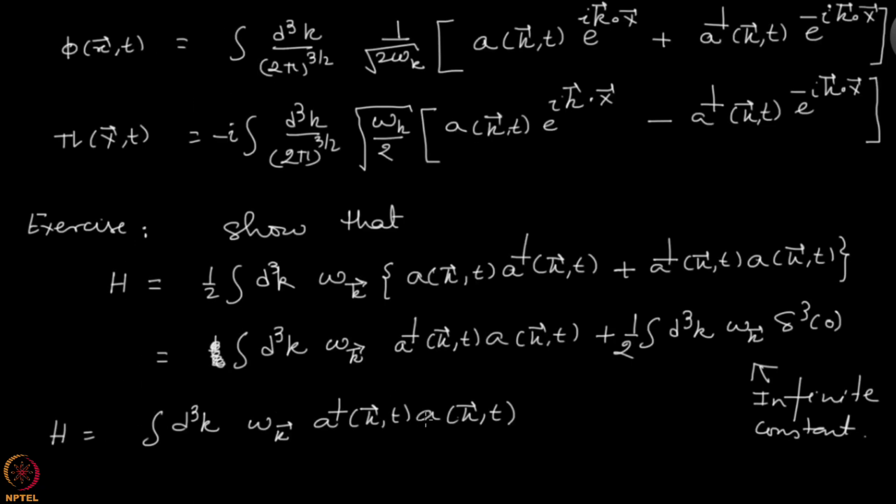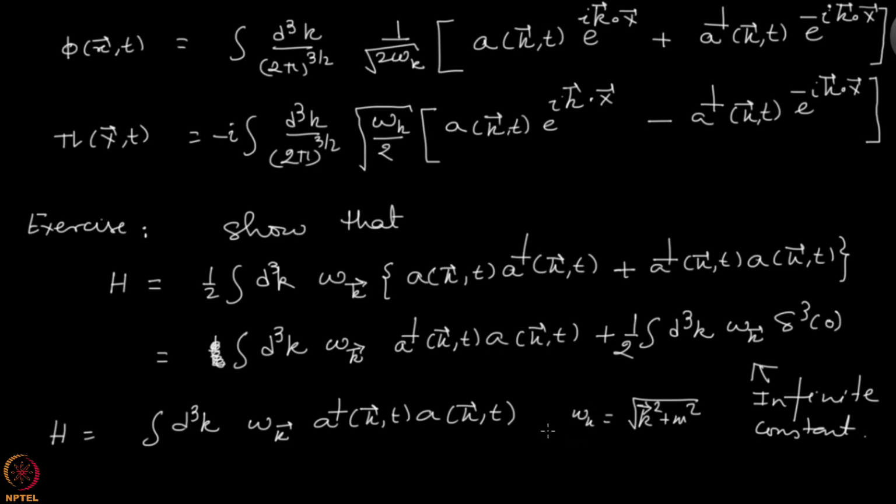Now we have already derived an expression for the Hamiltonian, and you see this piece is the square root of k square plus m square, omega k. If you think of a free relativistic particle with momentum small k, then this will be its energy.